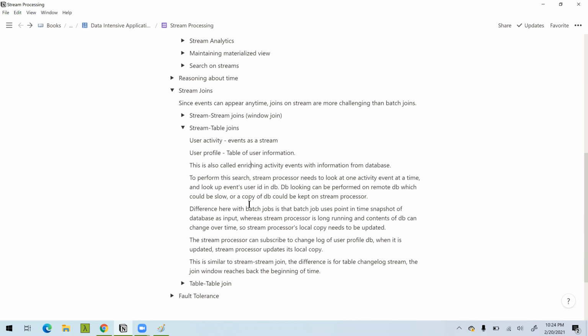But then if you have a local copy, the problem is that your local copy needs to be updated, right? Because that user table could have got updates. Maybe you have added new users and things like that. So you need to update your user table.